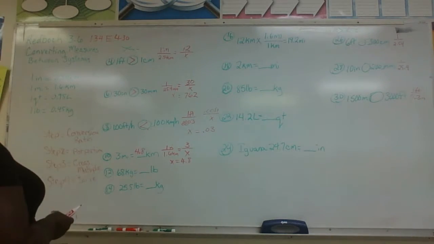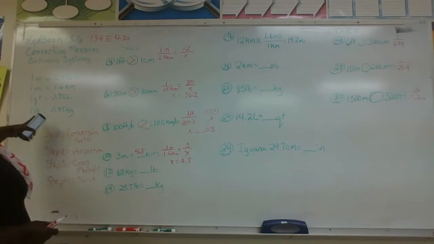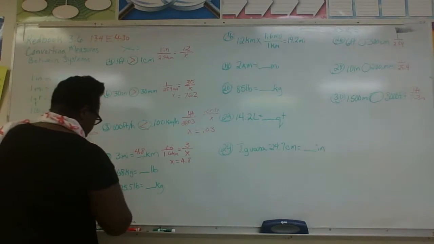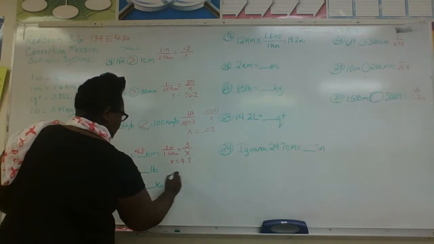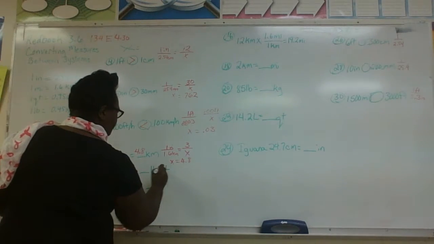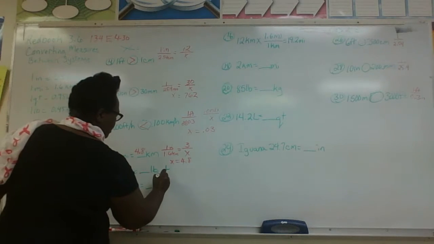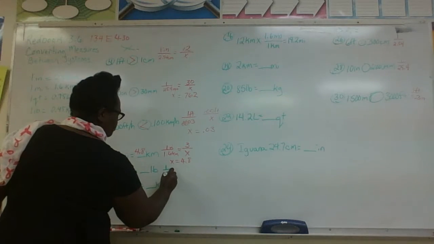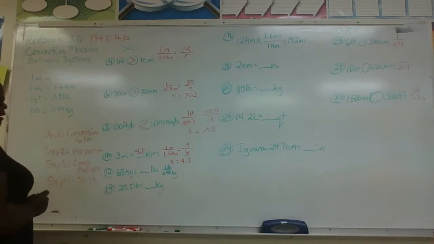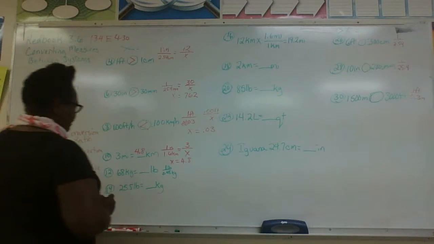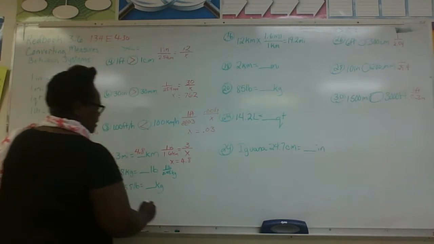We have kilograms here to pounds. We know that 1 pound is equivalent to 4,500 kilograms. That's our conversion. Now that we have our conversion, let's set up our proportion. Here we have 68 kilograms.